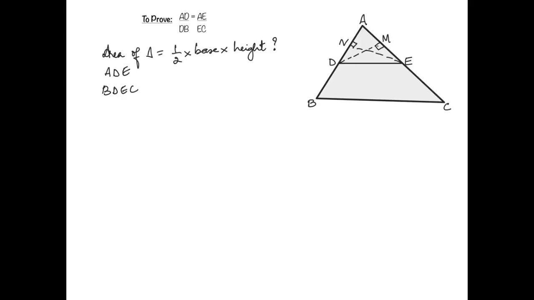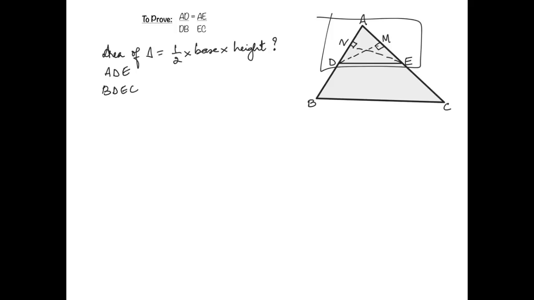Therefore we have the bases AD and AE and the heights DM and EN. So this is the first part of the triangle with the help of the area of a triangle. Our first part is done, right?